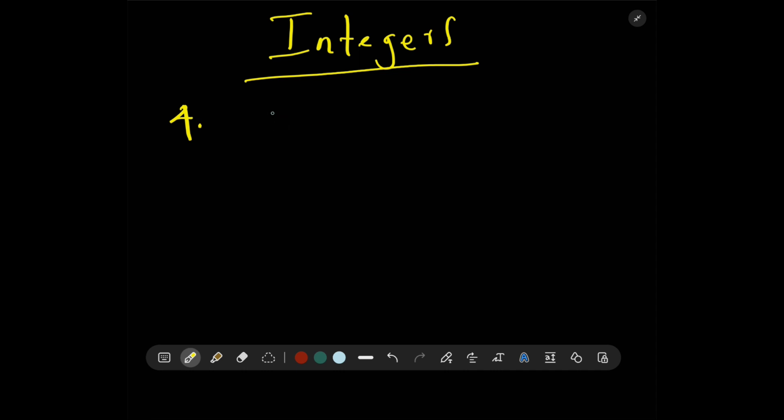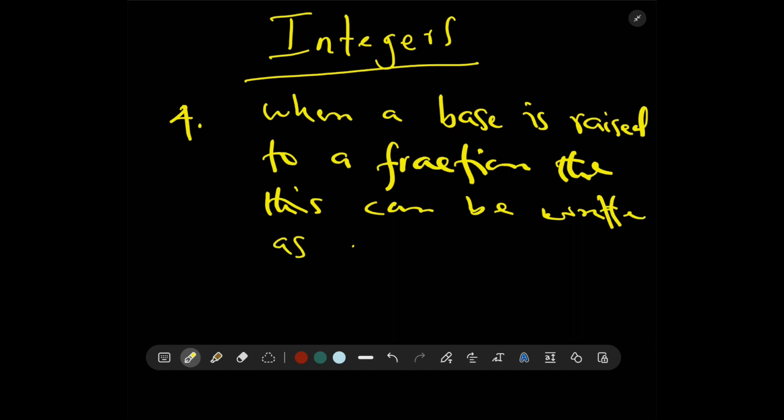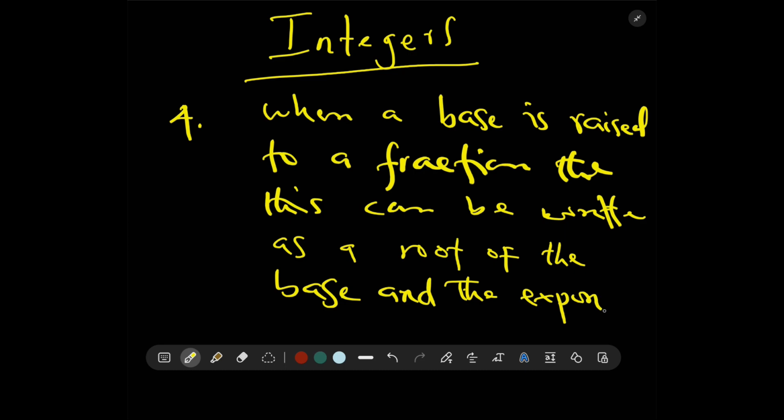Rule number 4 says that when a base is raised to a fraction, then this can be written as a root of the base and the exponent.